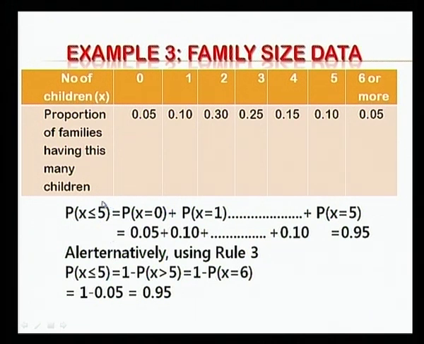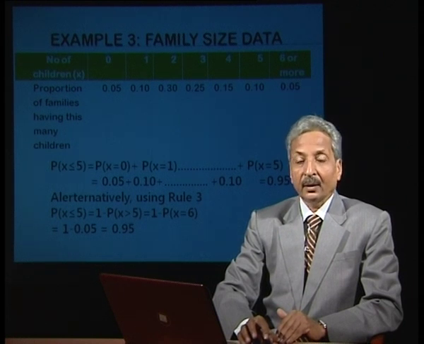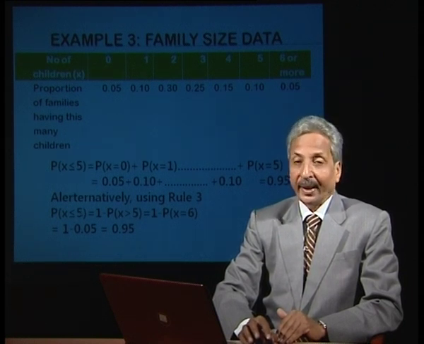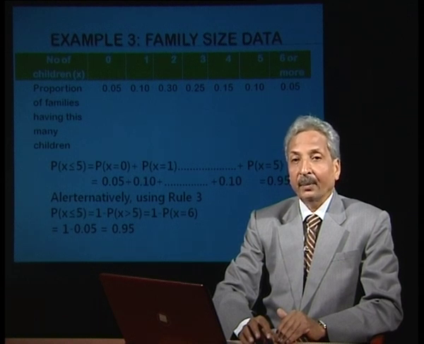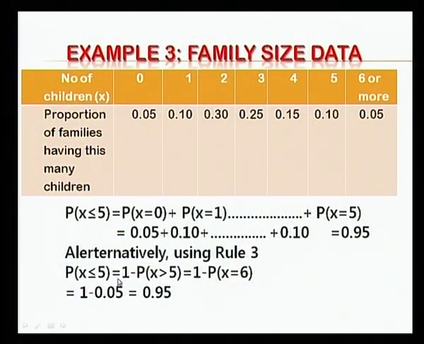Here if I take this x less than or equal to 5 as my set A or event A, then x greater than 5 will be the complement of set A. So, by applying the rule that probability of A is equal to 1 minus probability of A complement, this gives me the probability that x is less than or equal to 5 equals 1 minus probability that x is greater than 5, which is equal to 1 minus probability that x takes value 6, and this gives me the same probability.